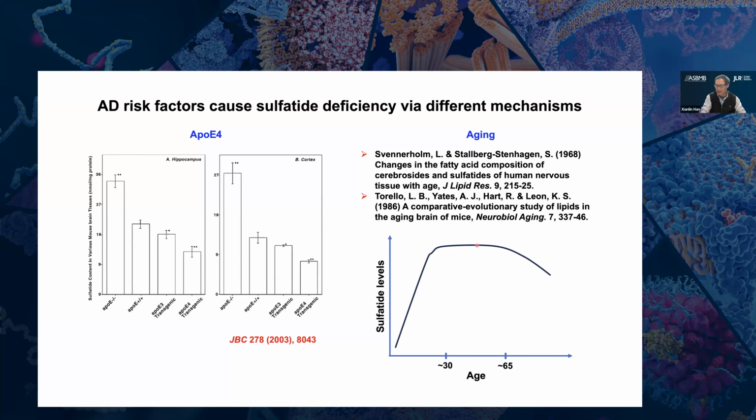Then in middle age it plateaus, and beginning around 65 it starts to decline. 65 is a very critical window for Alzheimer's development. So the decline of sulfatide starting at 65, combined with other risk factors, could lead to a dramatic loss. We thought that was likely the mechanism.